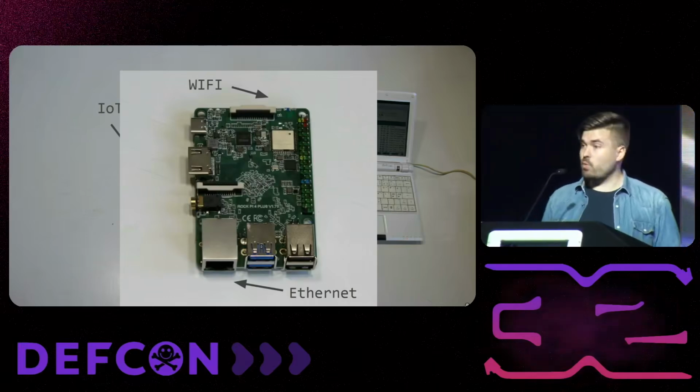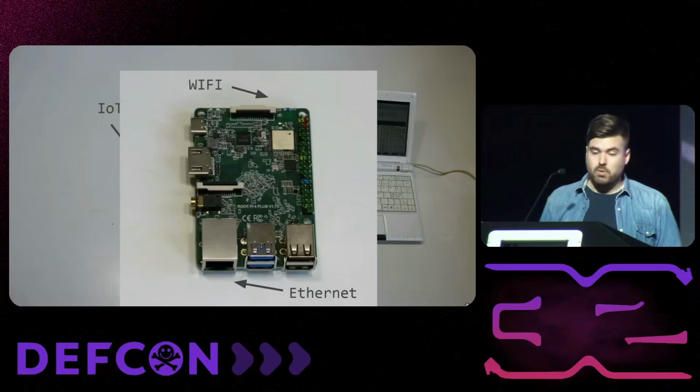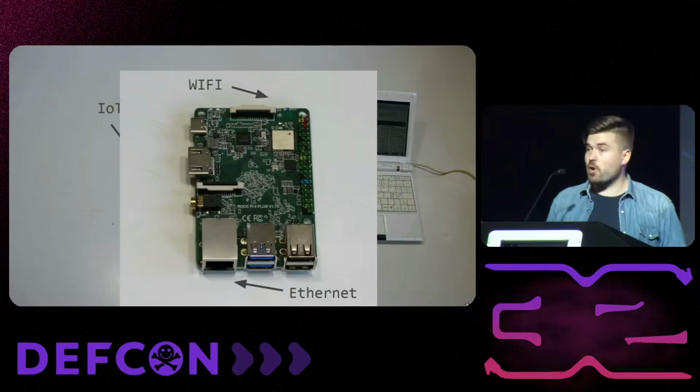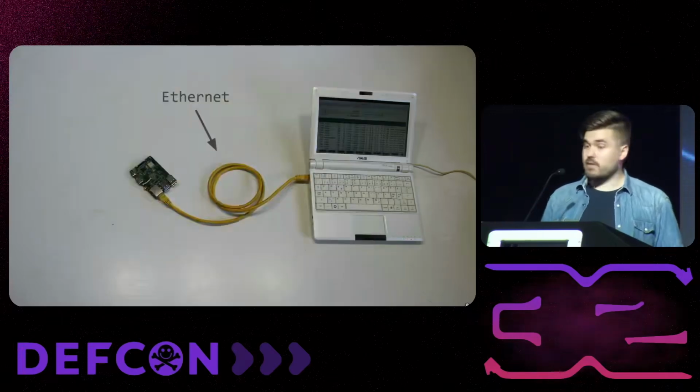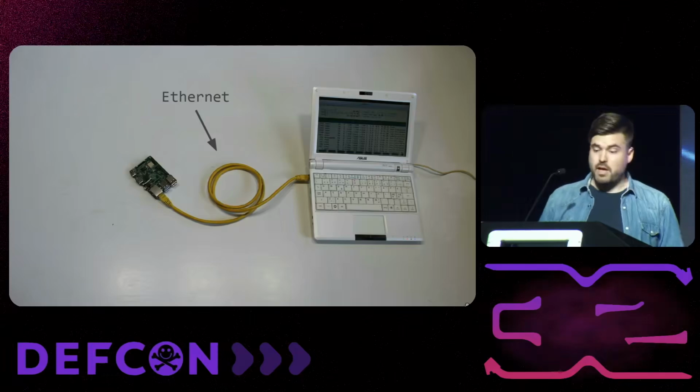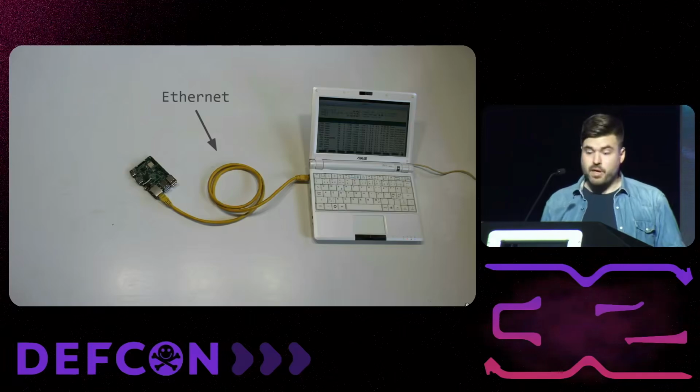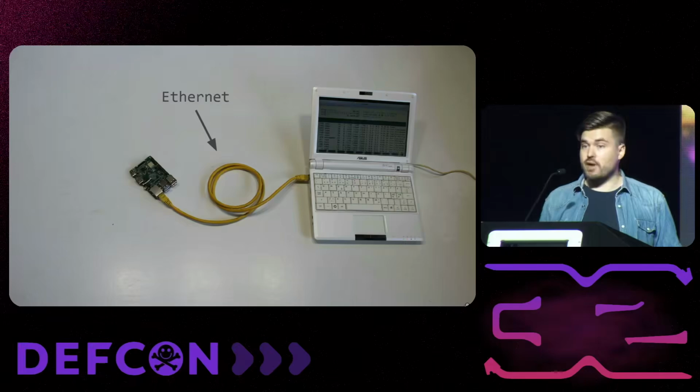So that should be quite straightforward. If we want to know where it's connecting to, and that's a big part of IoT, we can simply plug in an Ethernet cable to the device and the other end to our laptop, and then on our laptop in the Ethernet interface, we will see any traffic it's trying to send.